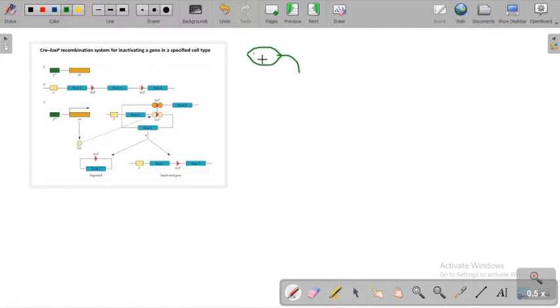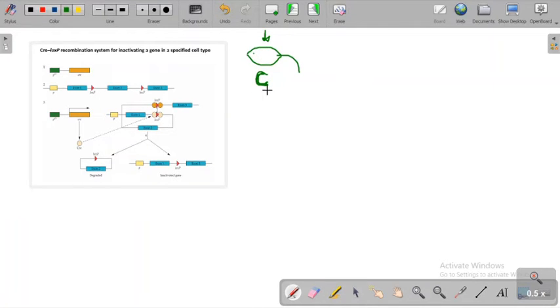Now this mouse we have inoculated with a transgene with the help of different vector methodology or embryonic stem cells. We have inserted a Cre gene over here. Now that transgenic mouse we have selected based on different PCR methods or positive-negative selection, and now we got a completely transgenic line of this Cre gene.